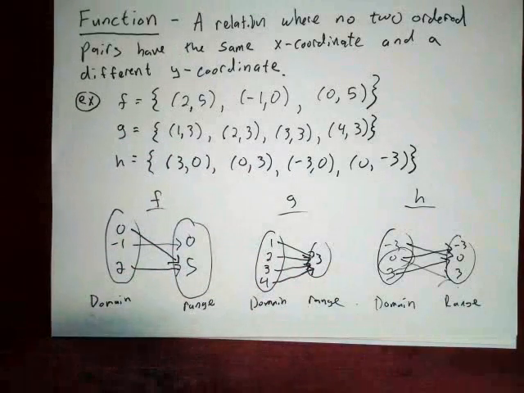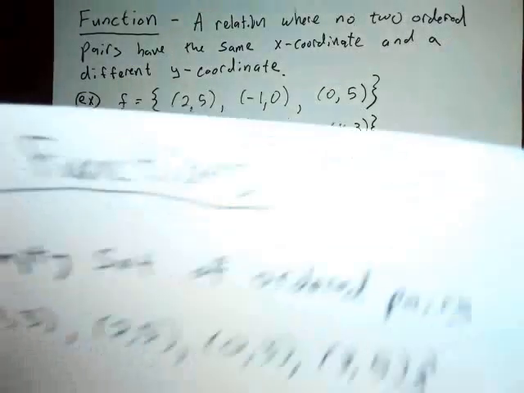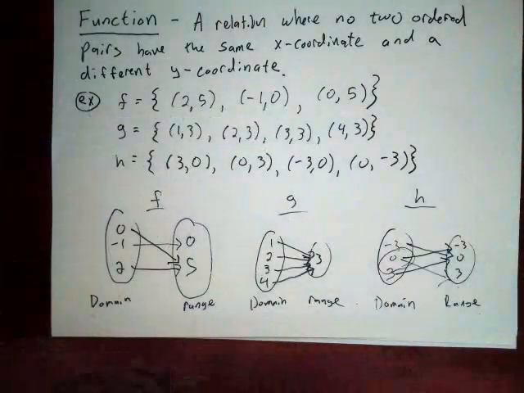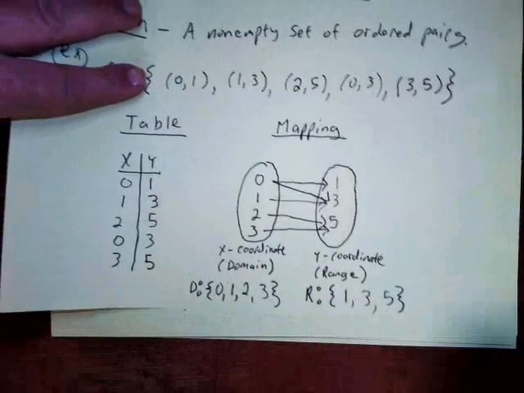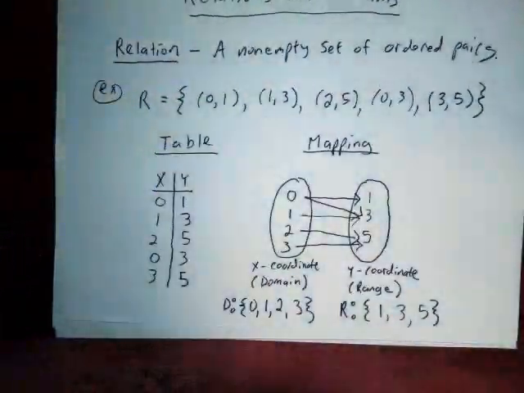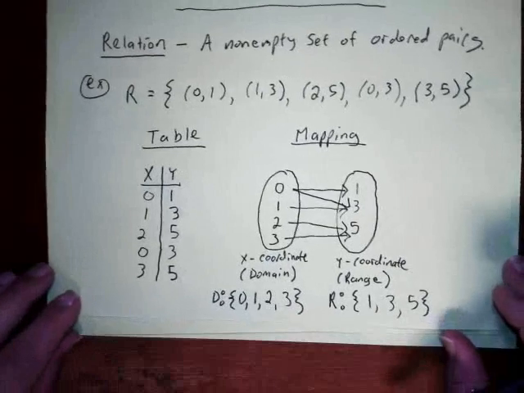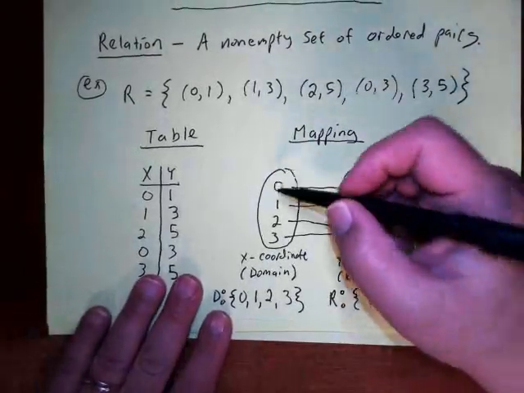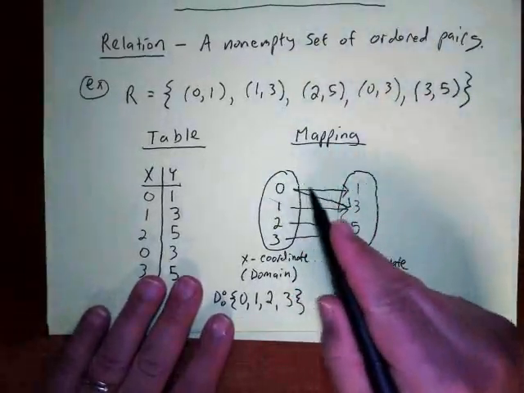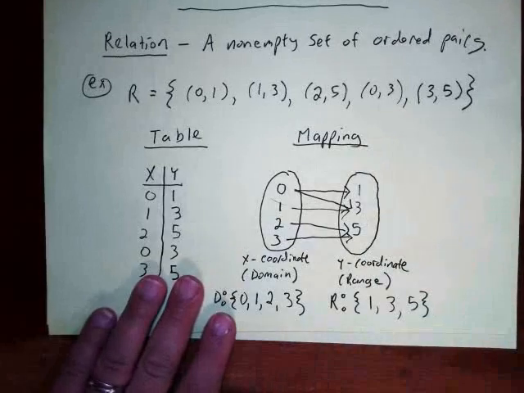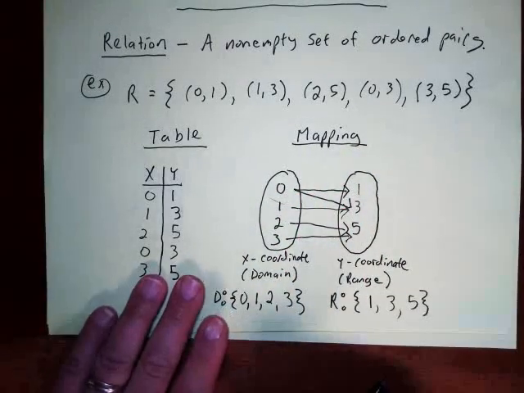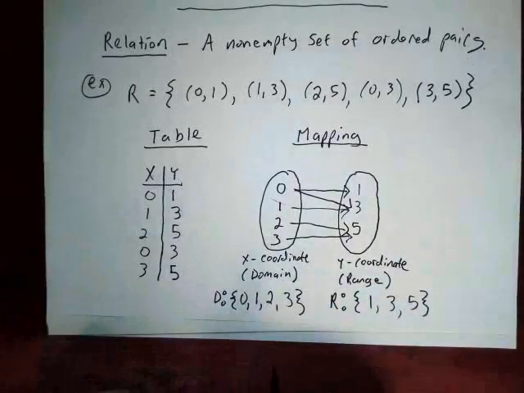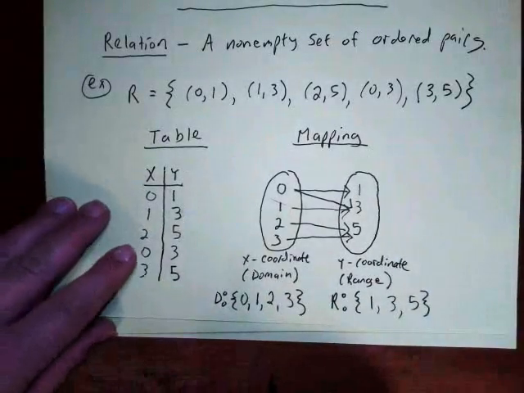Okay, so if we look at the original relation I had, let's see here. So is that one a function? And the answer here is no, because right here, this 0 is going to two different elements, isn't it? So I got an element over here branching off in two different directions. That means it's not a function, okay?